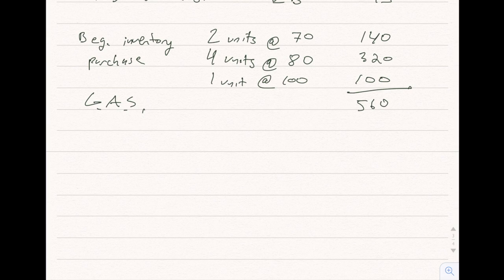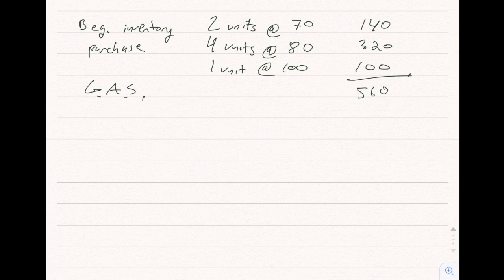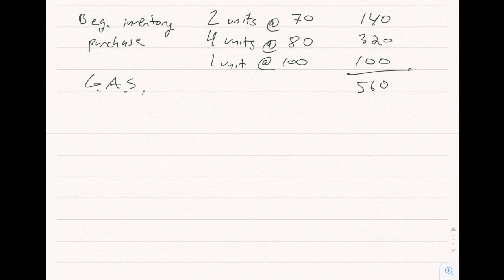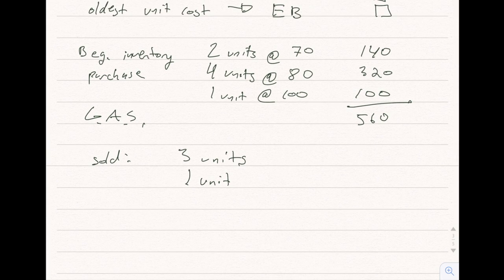Okay. As I said before, you can either subtract ending inventory if you know it, or cost of goods sold, if you're looking for one number or the other. Let's say we know how many units were sold, so we're trying to figure out the cost of goods sold. So if you sold 3 units at one cost and 1 unit at another.